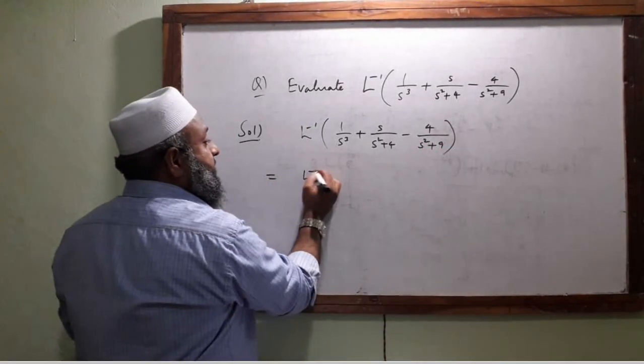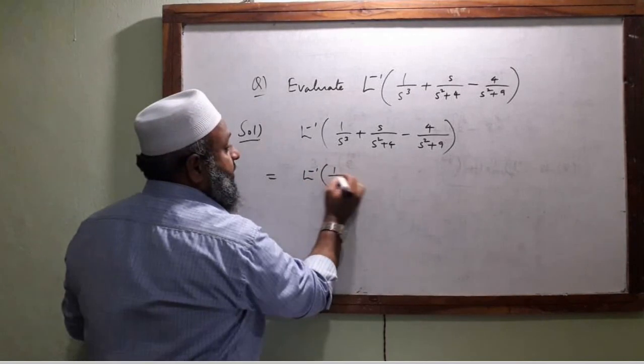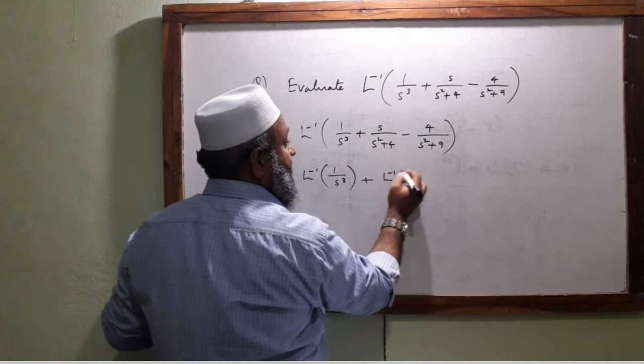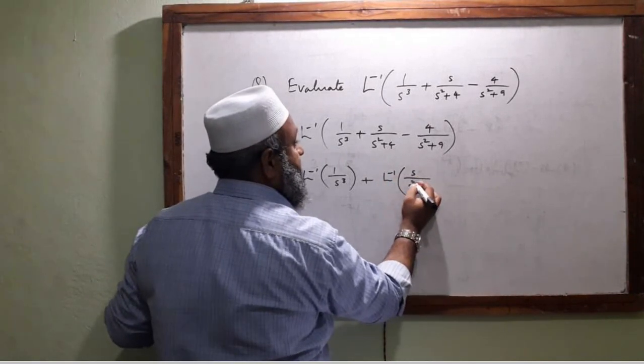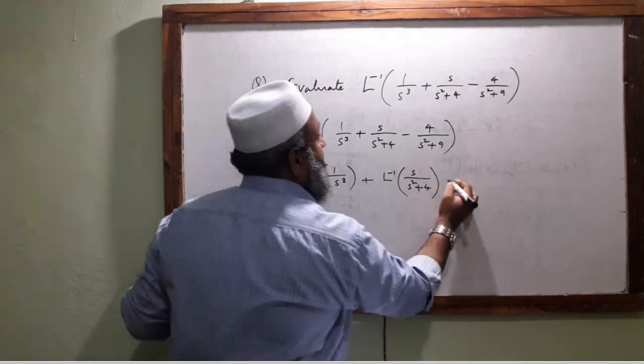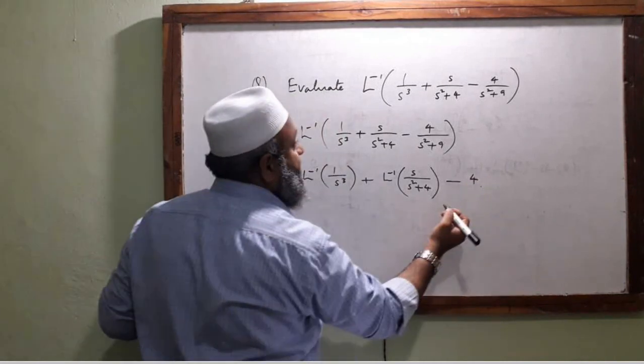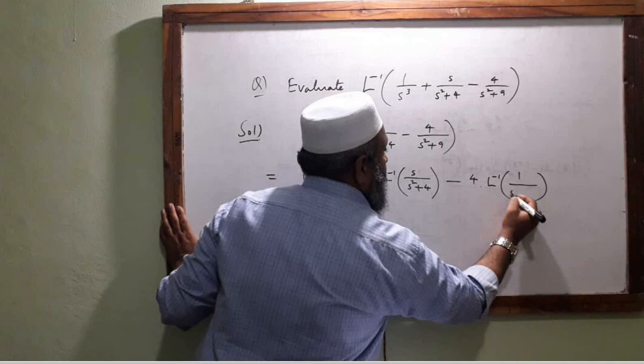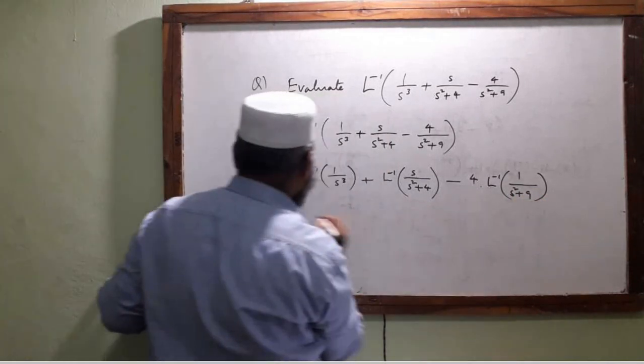Now it is separated as per linearity property: L inverse of 1 by s cube, plus L inverse of s by s square plus 4, minus 4 times L inverse of 1 by s square plus 9.